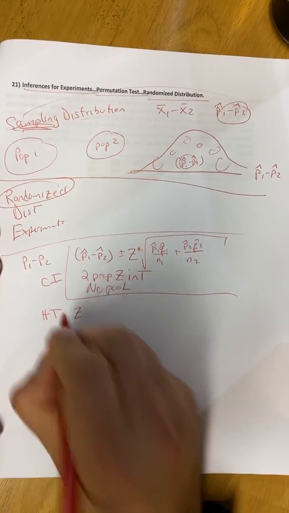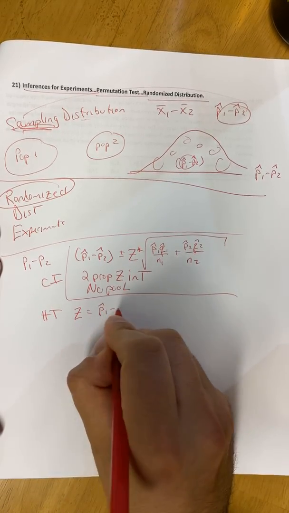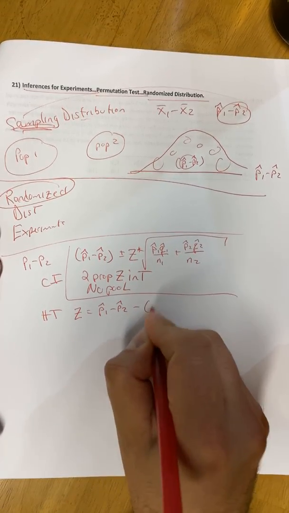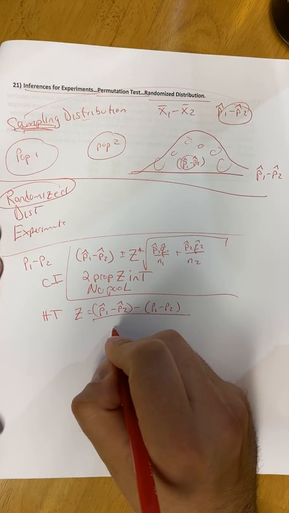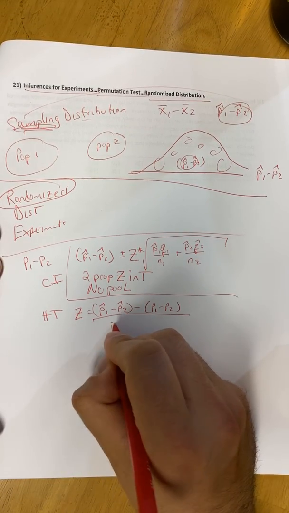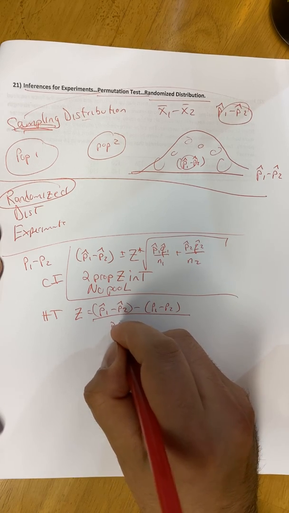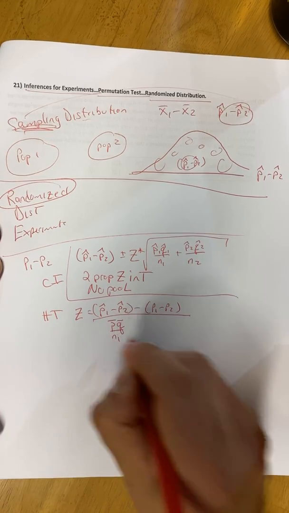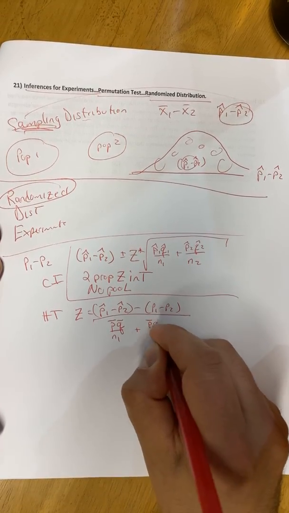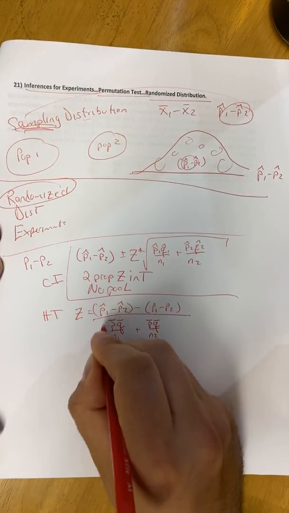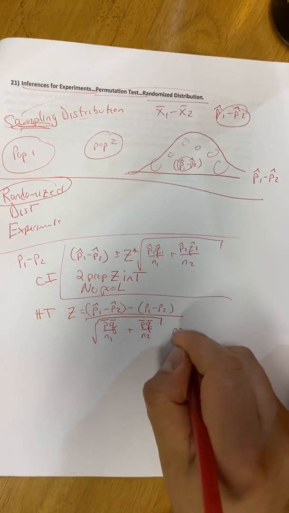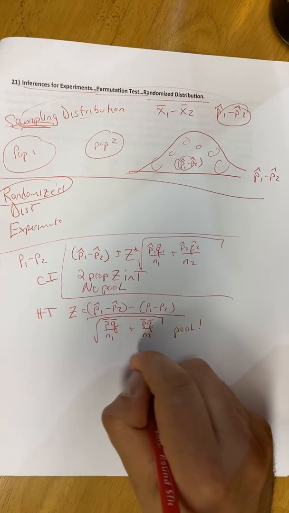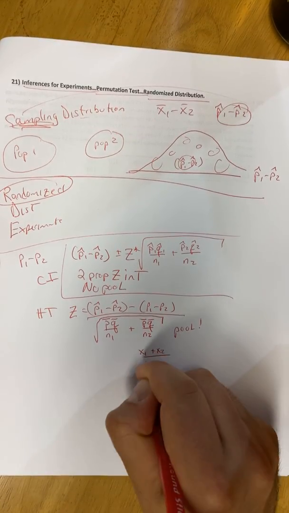If we're doing a hypothesis test, p hat 1 minus p hat 2 minus p1 minus p2, over the square root of p pool, q pool over n1 plus p pool, q pool over n2, and the pool is this.